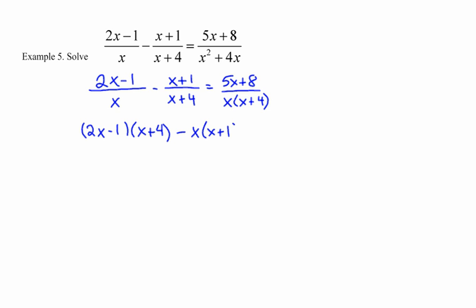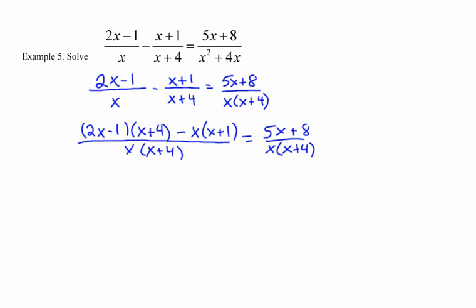So we can actually put this all over that common denominator. If your denominators were different at this point, you can cross multiply. Multiply that up here and this up here. That's one way to solve it.